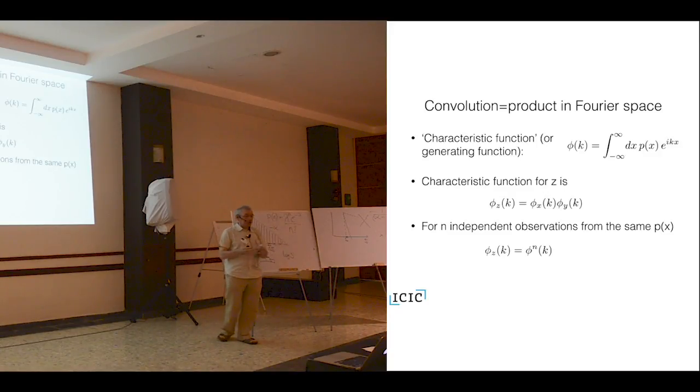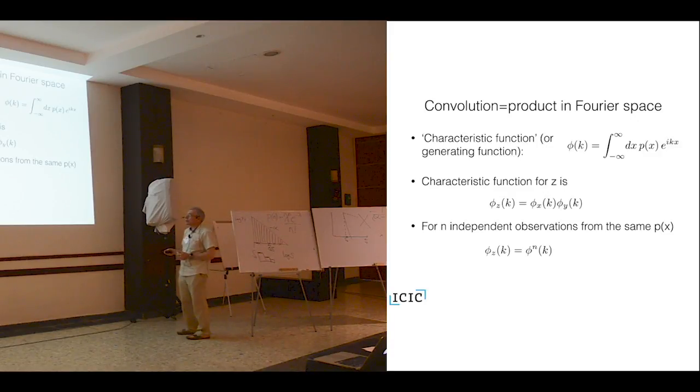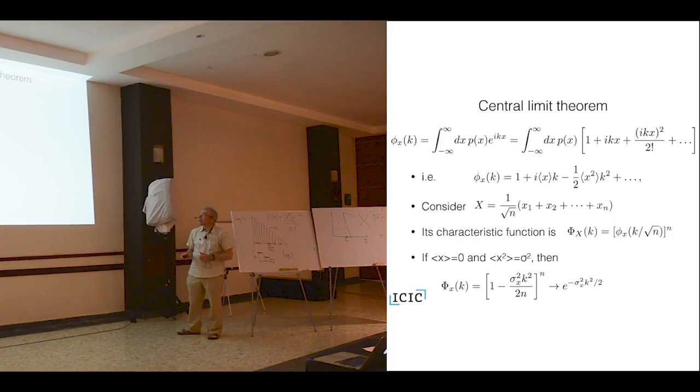If you're averaging over, well, this is actually the sum of variables. We'll come to averaging in a moment. If you want to know the probability distribution of the sum of variables, then using the characteristic functions is a very useful and easy way to get the distribution.